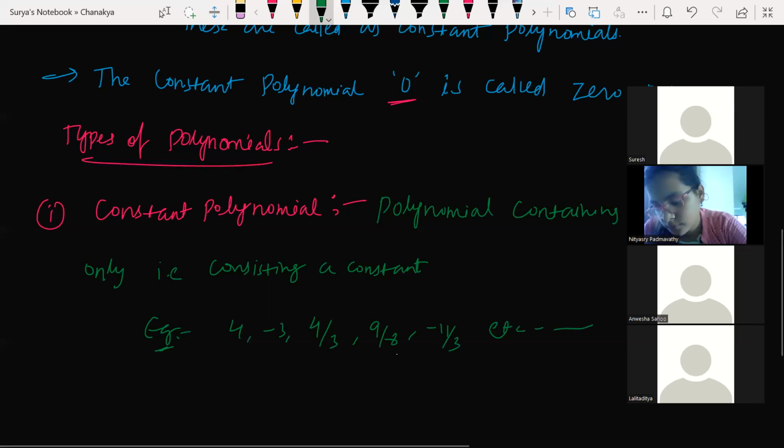Clear, guys? Very simple, beta. Polynomial containing only one term only, that is consisting a constant.